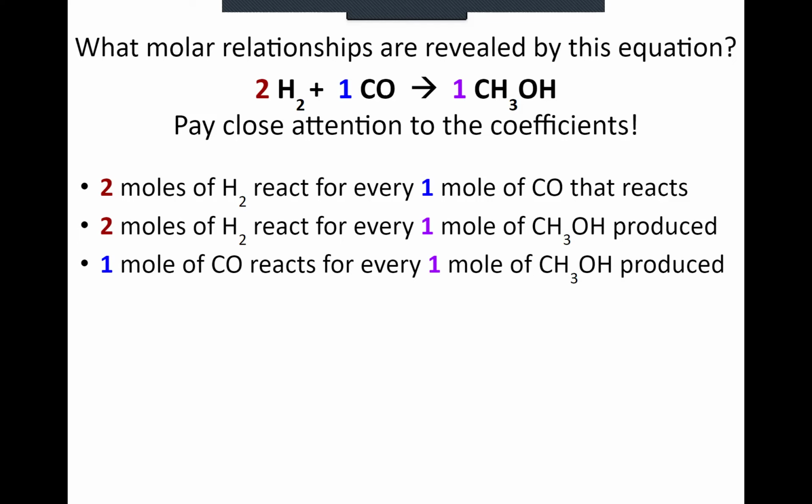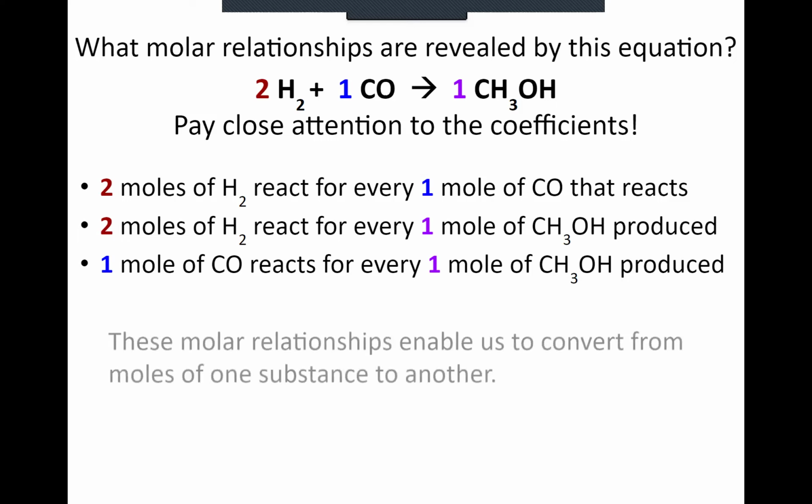We related each molar relationship to another one within that chemical equation. These molar relationships are what enable us to convert from moles of one substance to moles of another. So the coefficients in a balanced chemical equation are of utmost importance in stoichiometry.